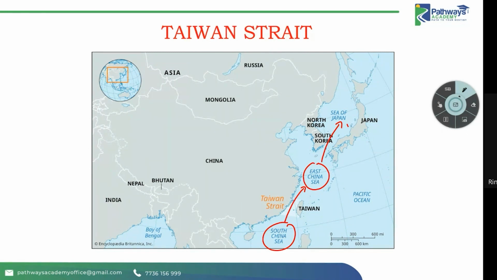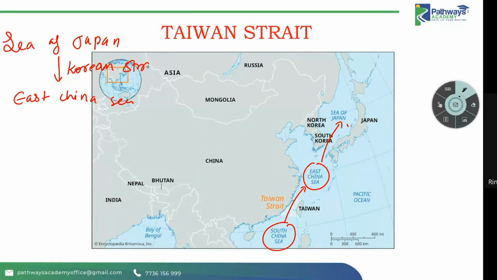The Sea of Japan is connected to the East China Sea through the Korean Strait or Tsushima Strait.